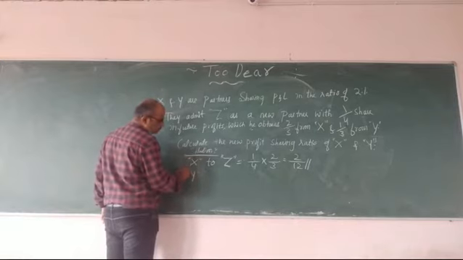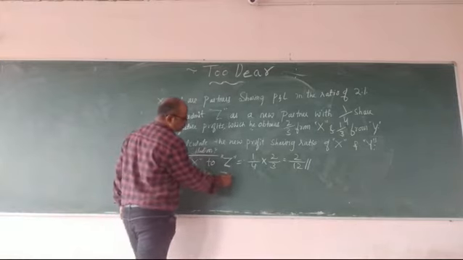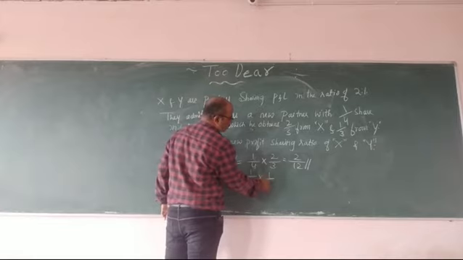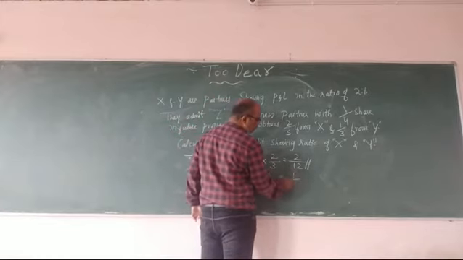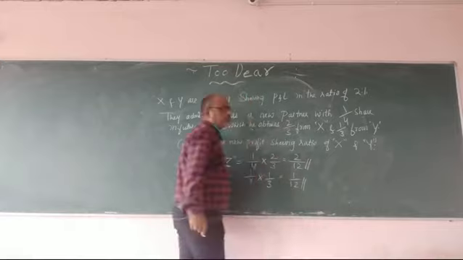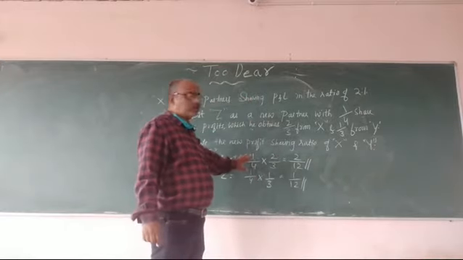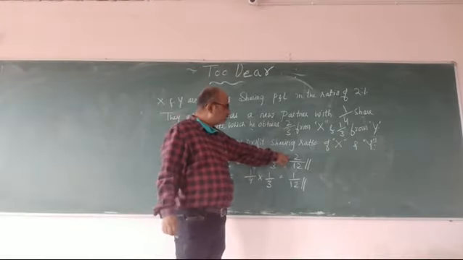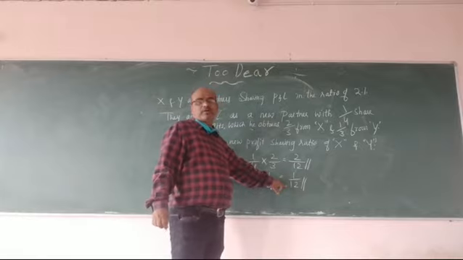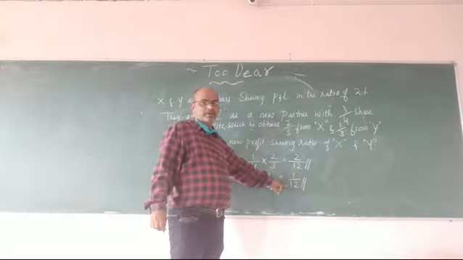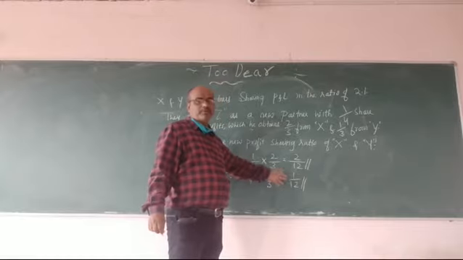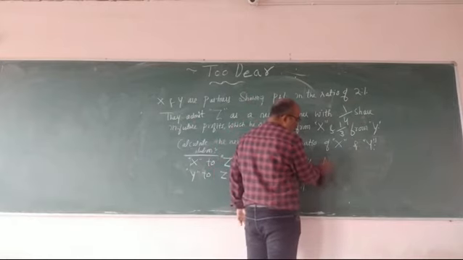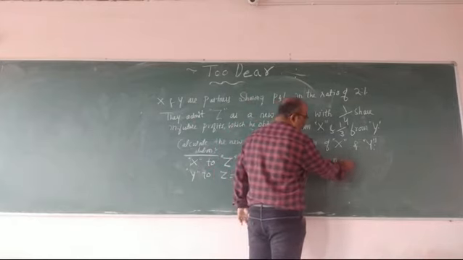Y to Z, 1/4 into 1/3 equals 1/12. So this is the additional step that you are supposed to do for getting the result, that is 2/12 and 1/12, as compared to the second method. Once you calculate this, it will be as good as the second method itself.